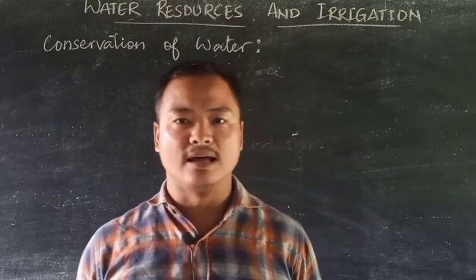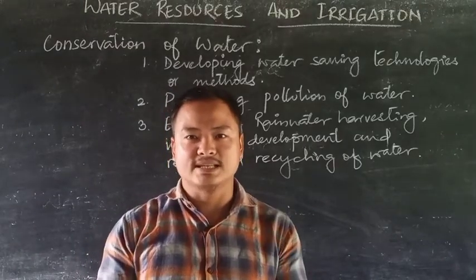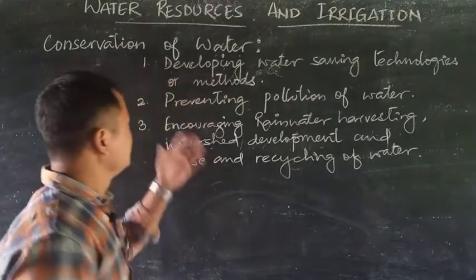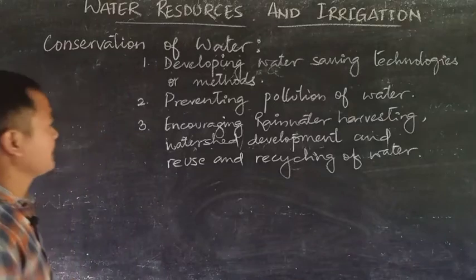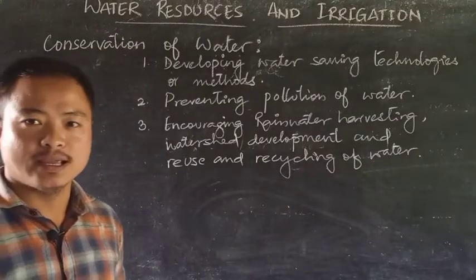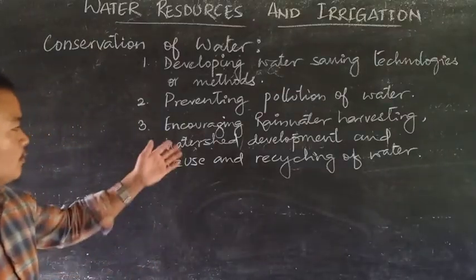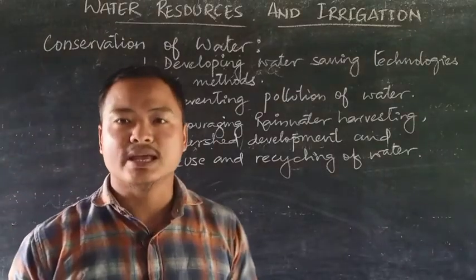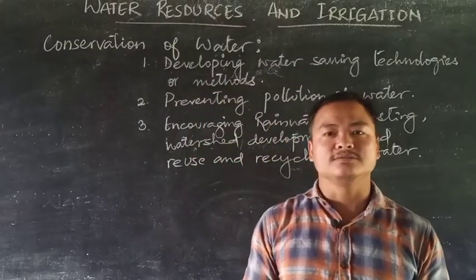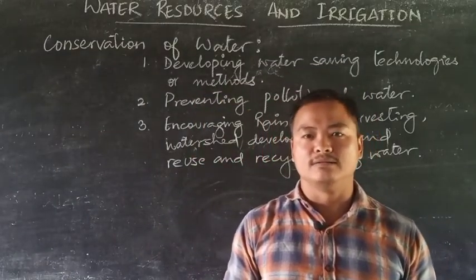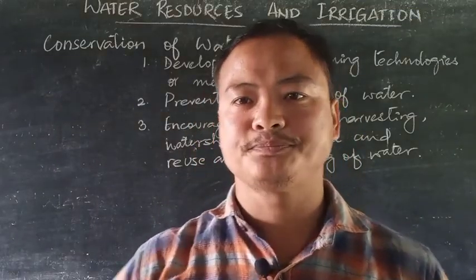So the 3 points once again are: developing water saving technologies or methods, preventing pollution of water, and encouraging rainwater harvesting, watershed development, and reuse and recycling of water, in order to conserve water not just for now, like I said, but also for future purposes.